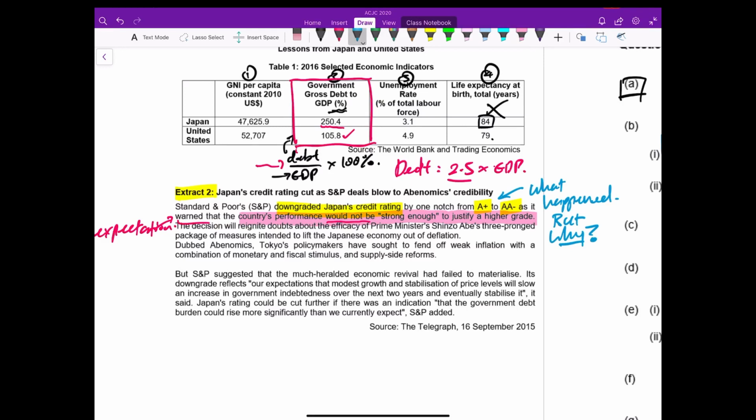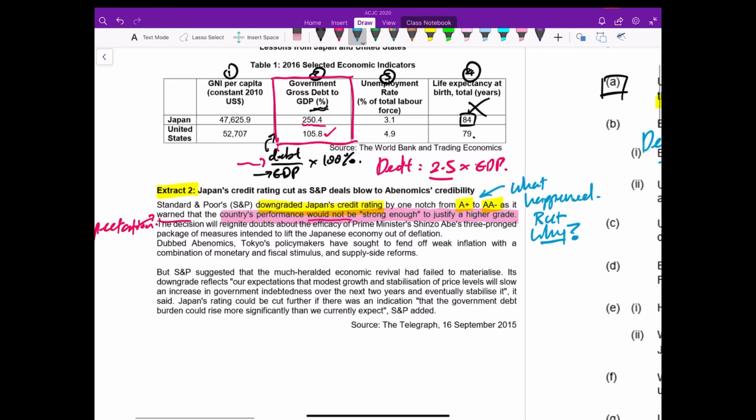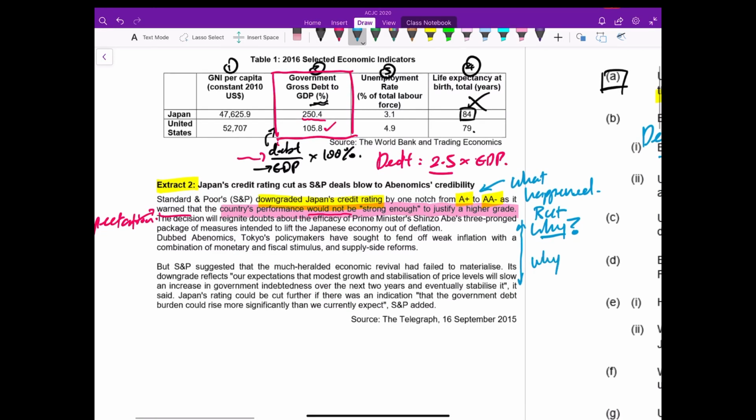If you go on and read the rest of the extract, you'll realize that this entire part is saying why the performance is facing problems and can't be solved.